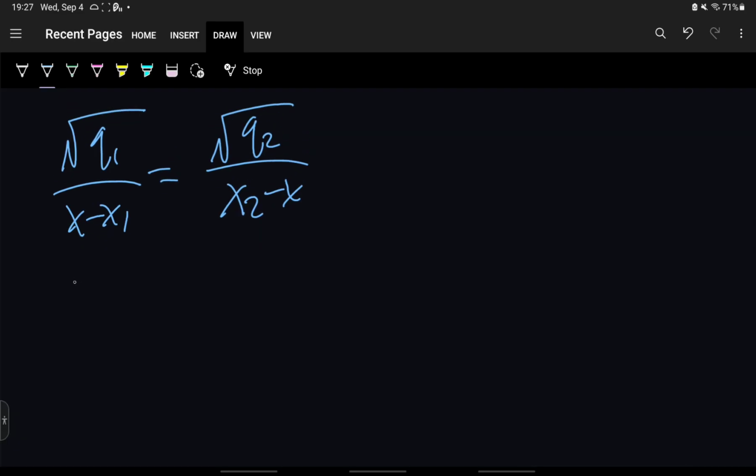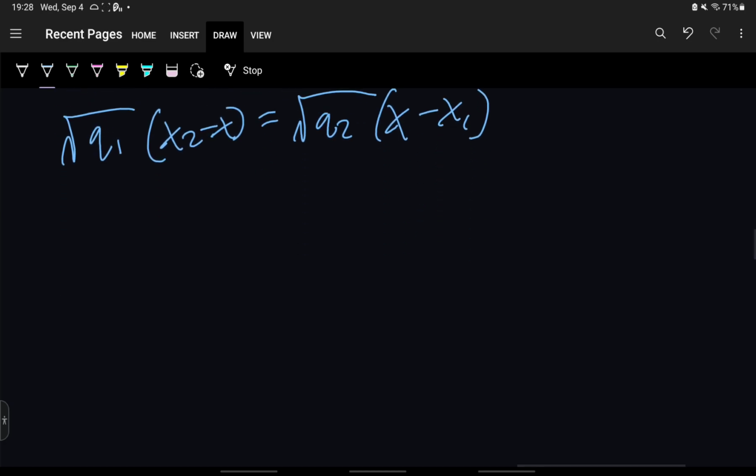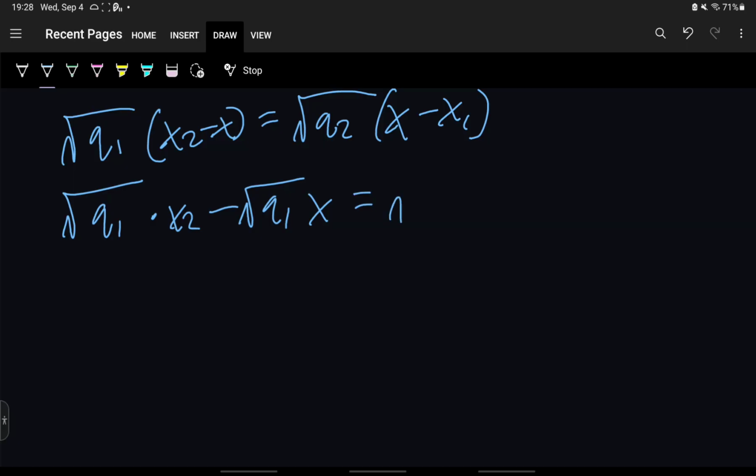If we do the cross multiplication, the square root of q1 multiplied by (x2 minus x) equals the square root of q2 multiplied by (x minus x1). Then we can expand both sides, which gives the square root of q1 times x2 minus the square root of q1 times x equals the square root of q2 times x minus the square root of q2 times x1.